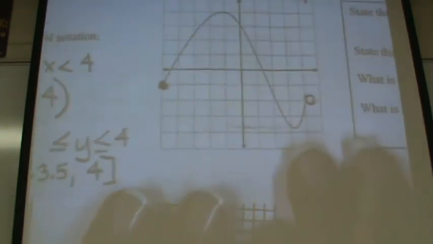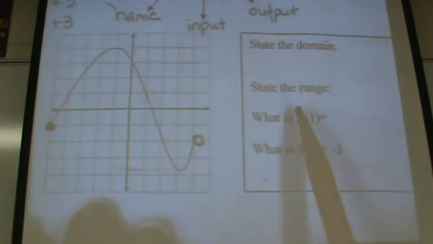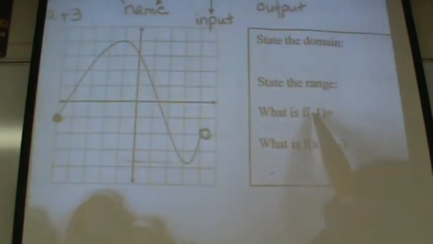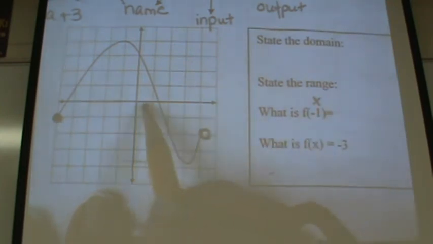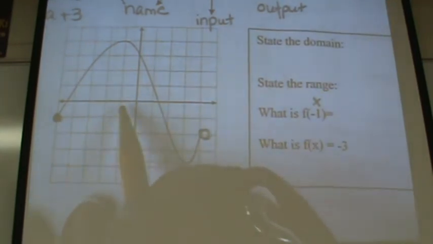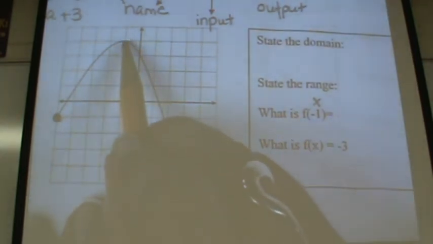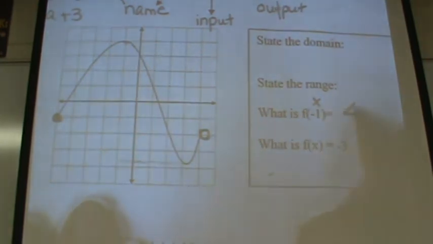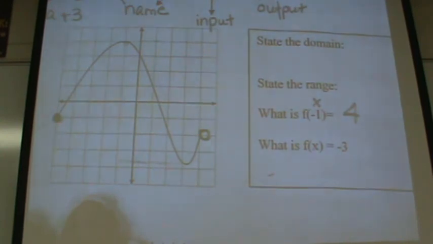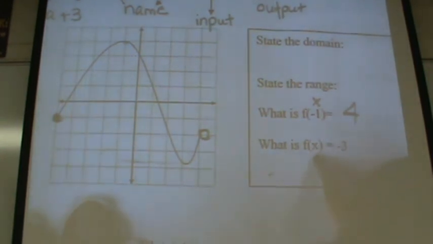What if I asked you to evaluate this function, f of -1? So this is your x value. You're going to go to -1 on the x-axis. Where does this graph reach? What's the output? It's 4. And if f of x is equal to -3, I'm asking you what x values give you an output of -3.